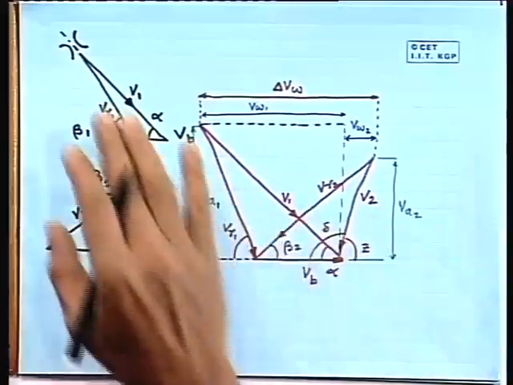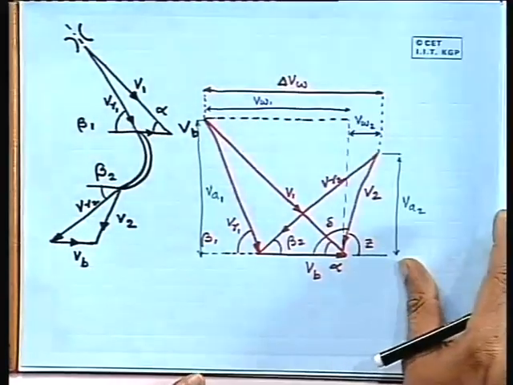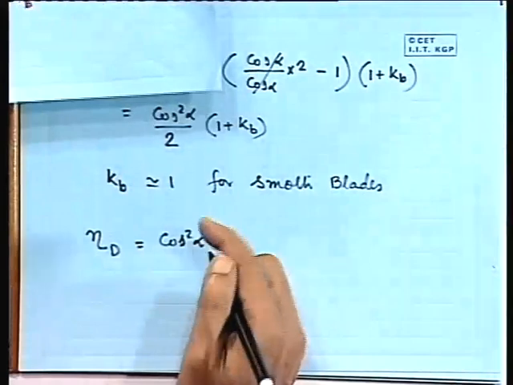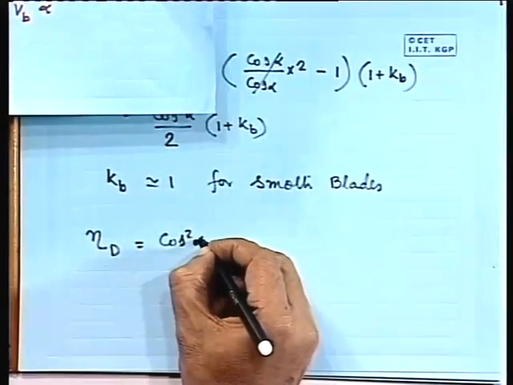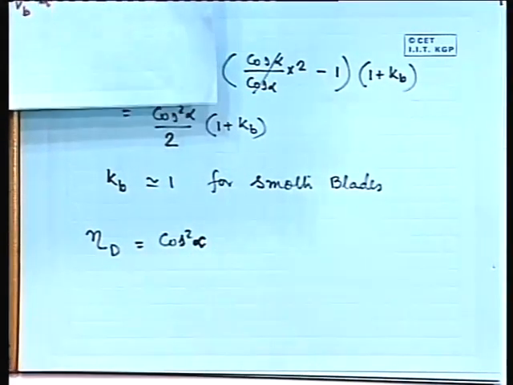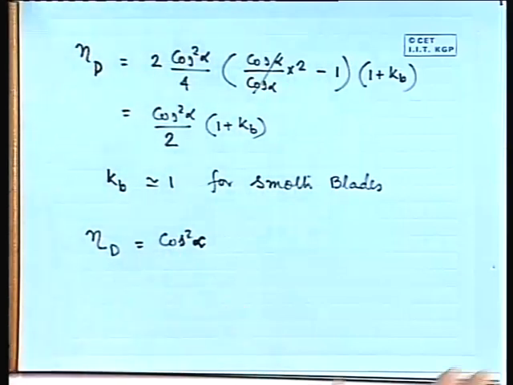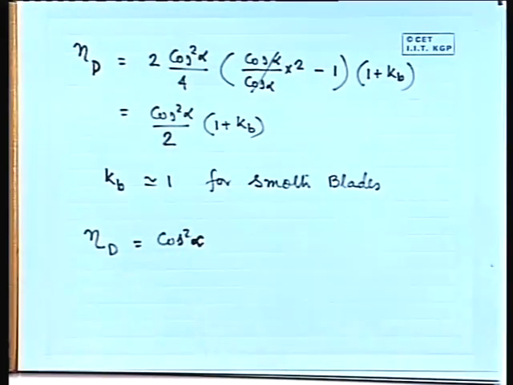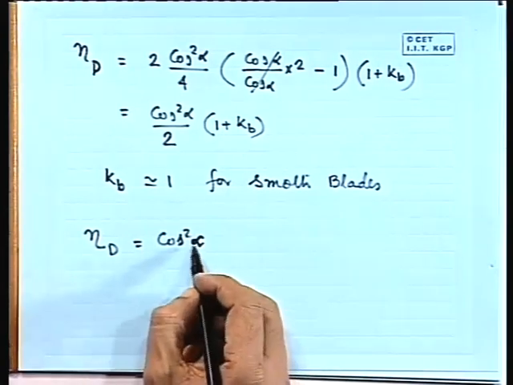We can select them a bit arbitrarily, but it is not so. We can see that the blade angle determines what will be the efficiency of the turbine.